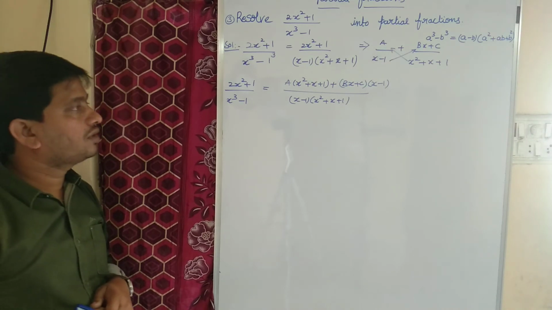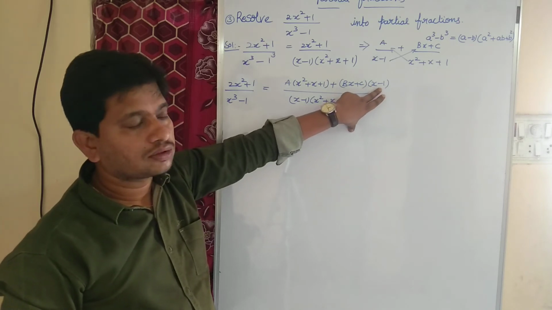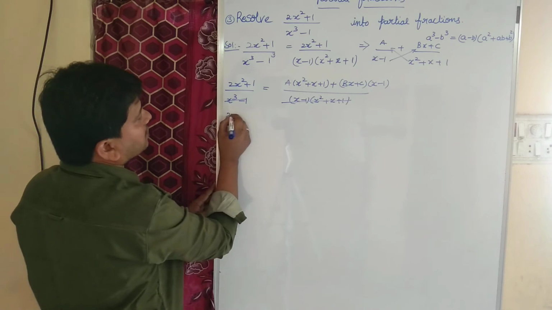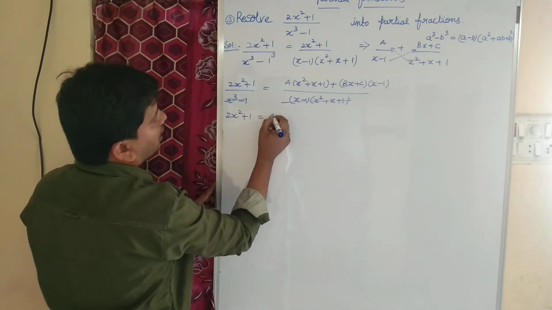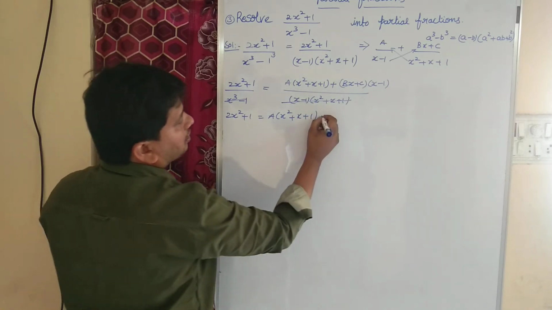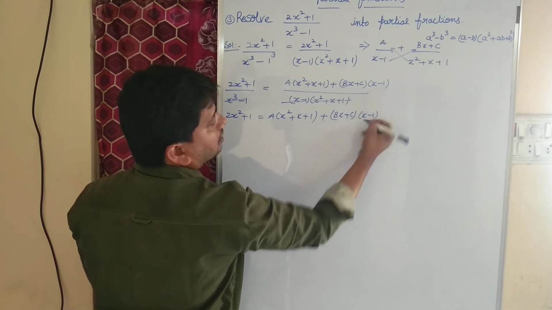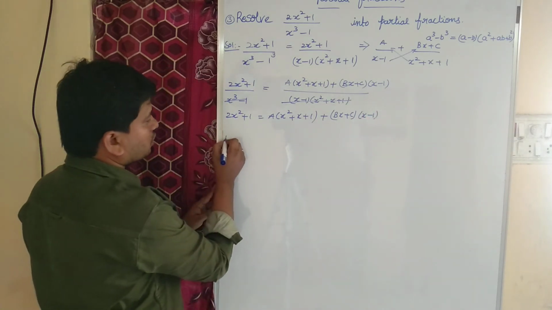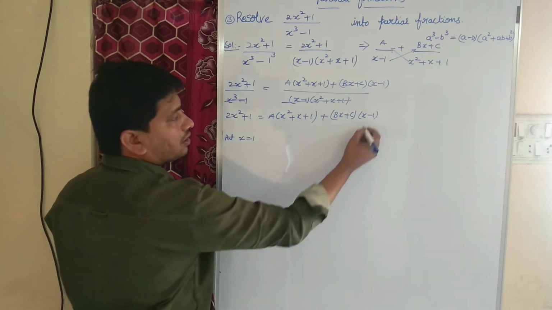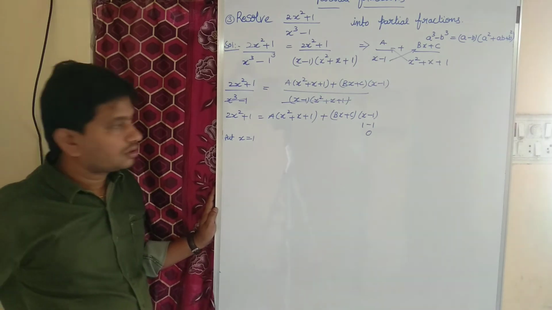Now if I substitute x equal to 1, first let me cancel. So 2x square plus 1 equal to a into x square plus x plus 1 plus bx plus c into x minus 1. Okay, now let me put x equal to 1. What will happen, children? 1 minus 1 is 0, 0 into something is 0.